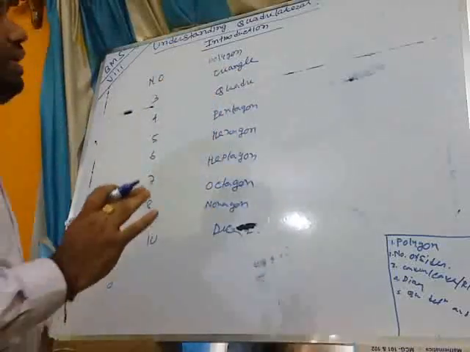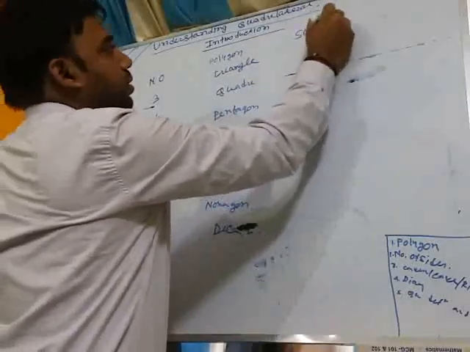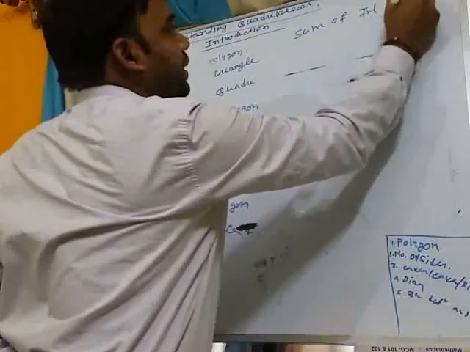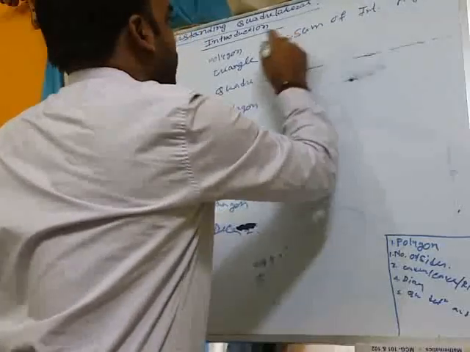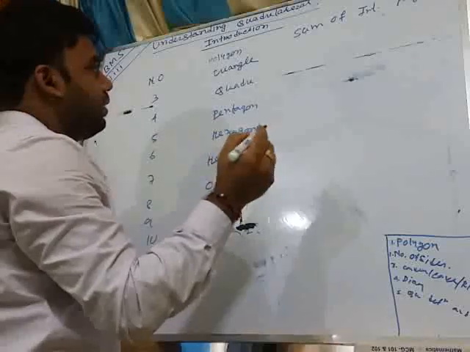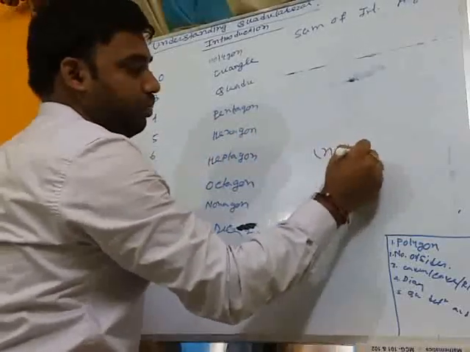Now, we will discuss the sum of the interior angles. The general formula for the sum of the interior angles is (n minus 2) into 180.